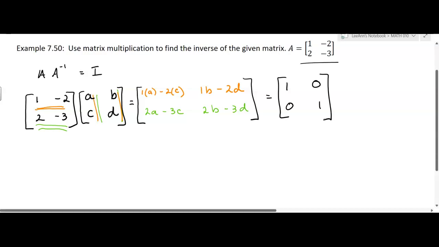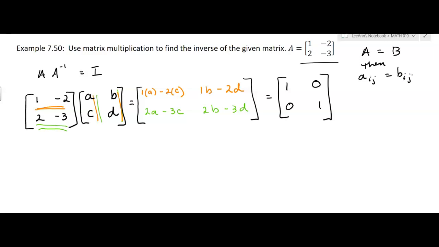So entries have to equal each other. Like if A equals B, then Aij has to equal Bij for each one.